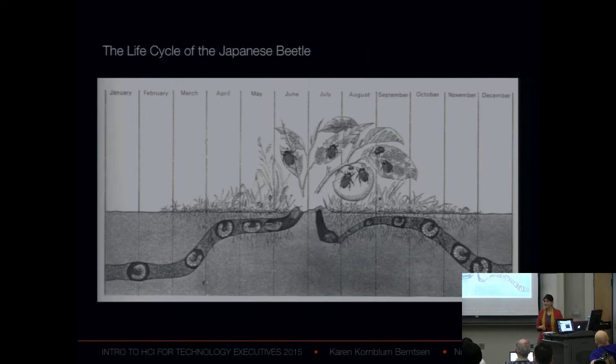The first is the life cycle of the Japanese beetle. Can anybody start naming some of those categories that you see here of organizing information? Time across the top, beautiful. What else? Location, right? Above the ground and below the ground.